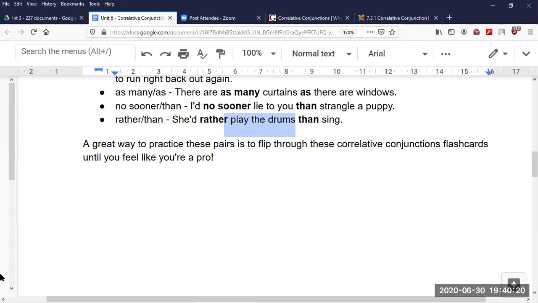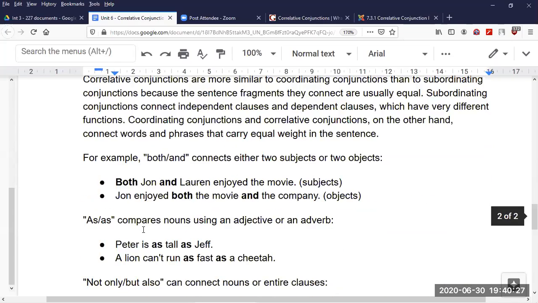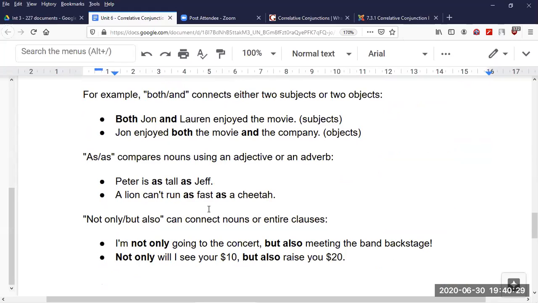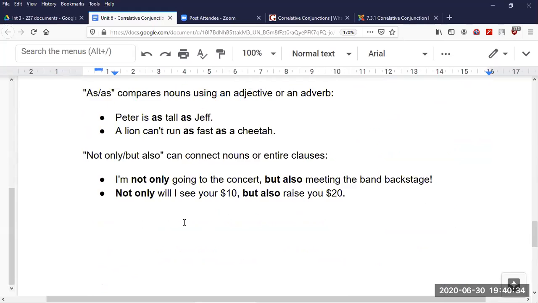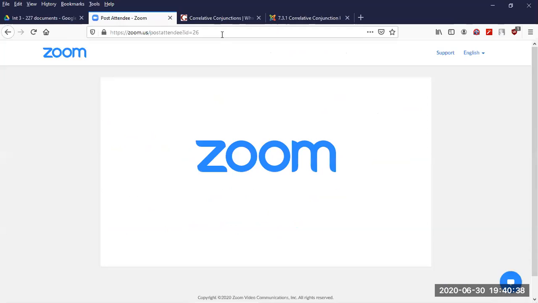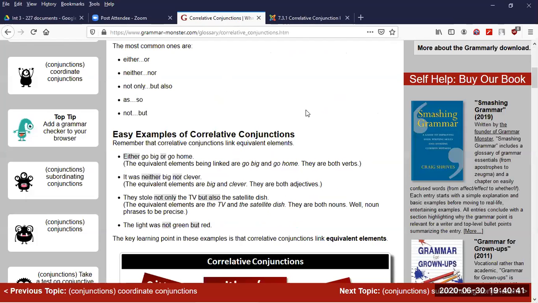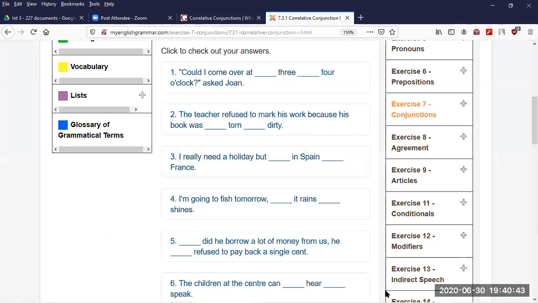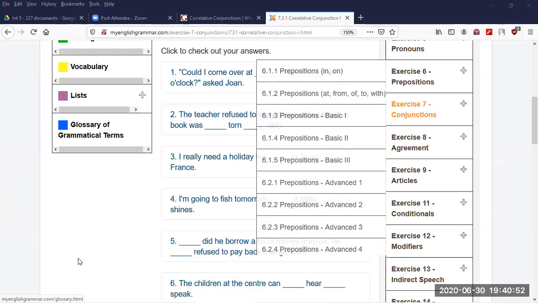Okay. Let's have a look at a couple of activities.